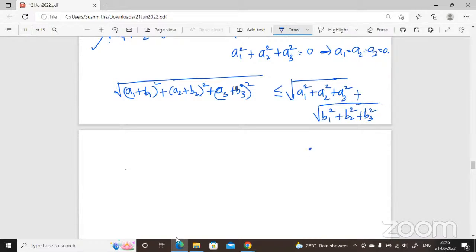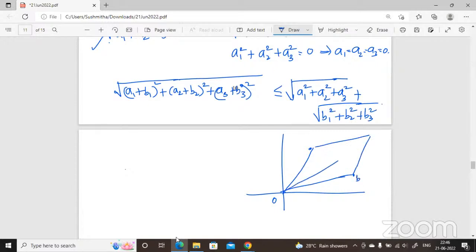You have a point A, you have a point B. What is A plus B? This is A, this is B. What is A plus B? The third side. Okay, you complete the parallelogram and then the diagonal is A plus B, right?